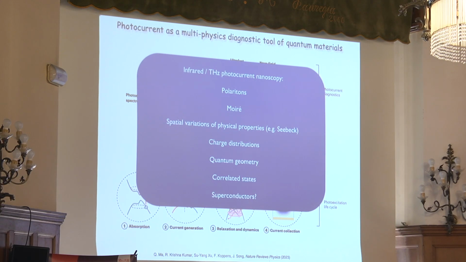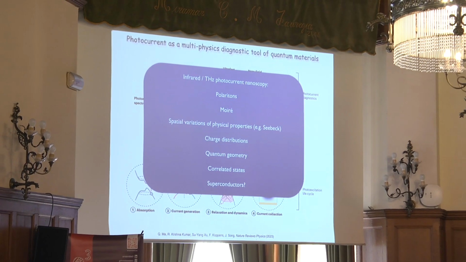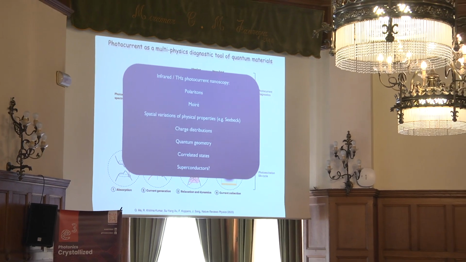Okay, so here I'm just listing a couple of things we can learn from the system, and there's a longer list. We can learn about polaritons. Specifically, we initially started this with terahertz, because for terahertz, scattering SNOM is more challenging because of the detector efficiency.